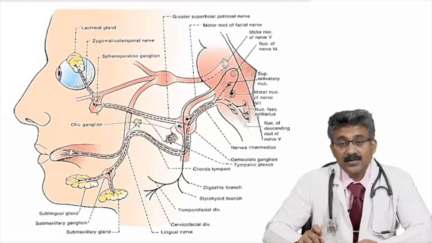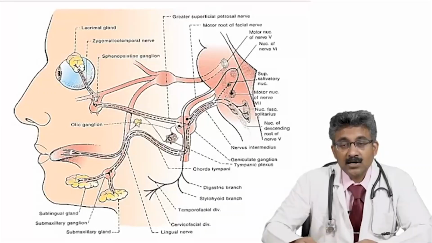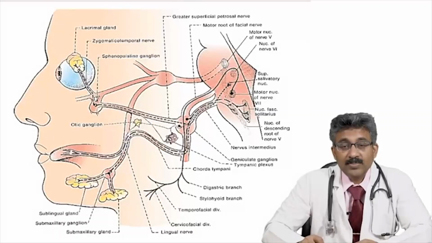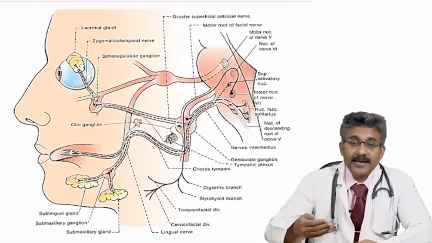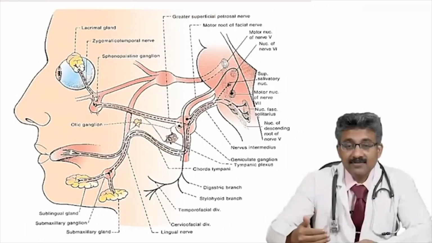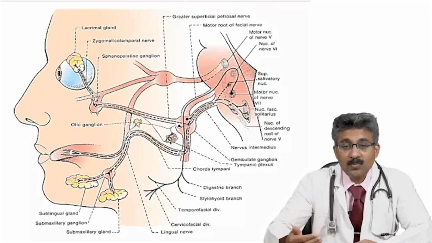In lower motor neuron facial palsy, they have epiphora because the eyelids cannot hold the lacrimal secretion. They have epiphora from the eyes. One important thing in lower motor neuron facial nerve palsy is Bell's phenomenon. So a normal person, when they try to close the eyes, the eyeballs will roll over, but because the eyelid covers there, we cannot see any lower part of the sclera.